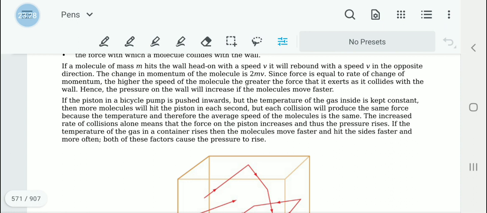Leave a line and write: reduction in volume increases the chances of collisions by reducing the surface area.